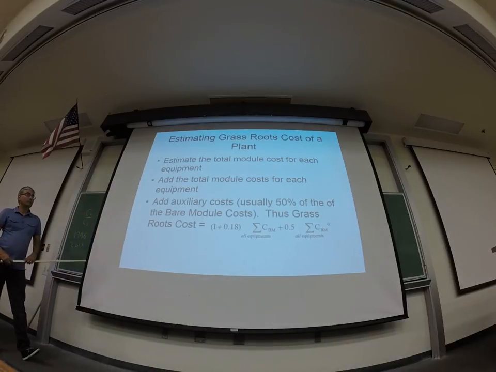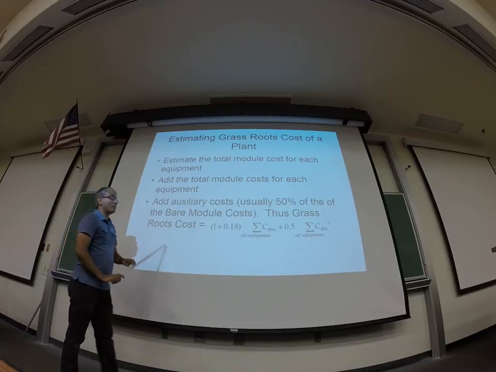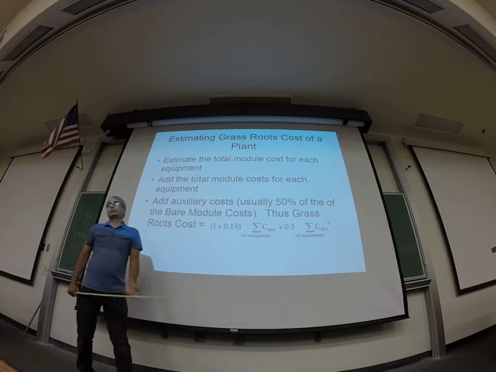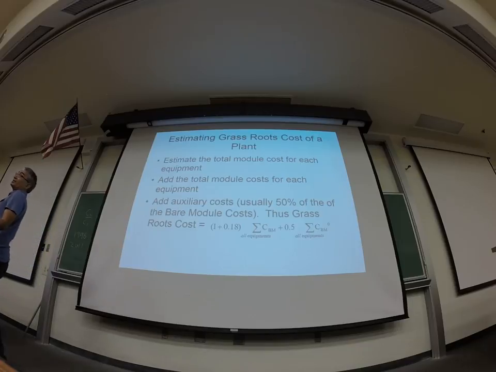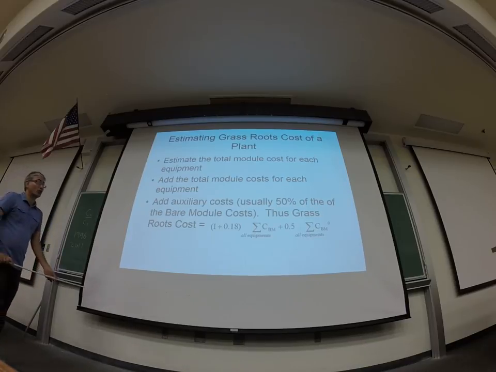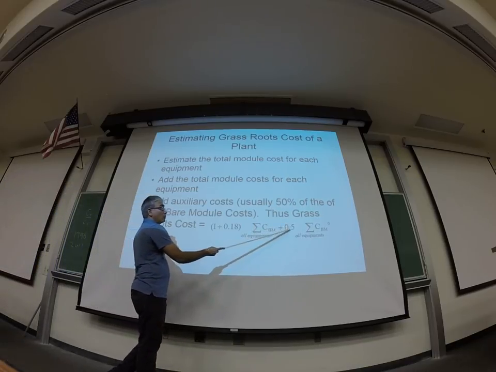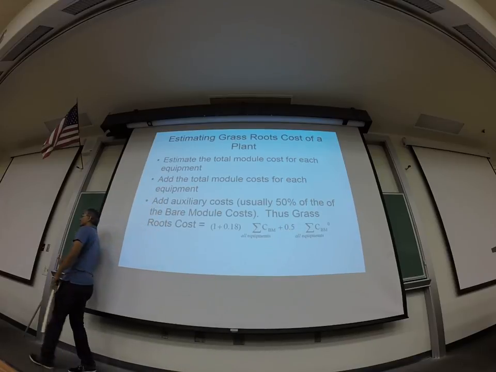So you can see the grassroots cost actually could be quite substantial, because if there's nothing there, you need a lot of supporting infrastructure. That could be almost as much as 50% of the cost of the equipment at the base condition.